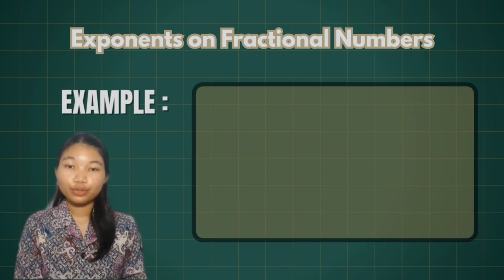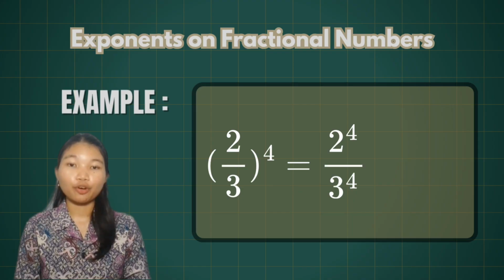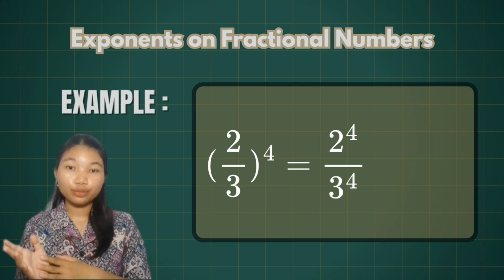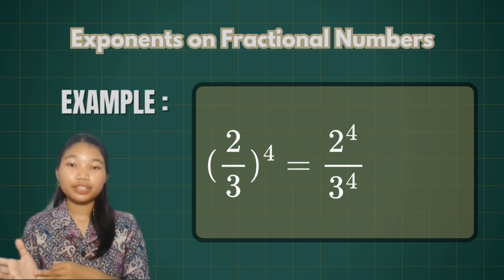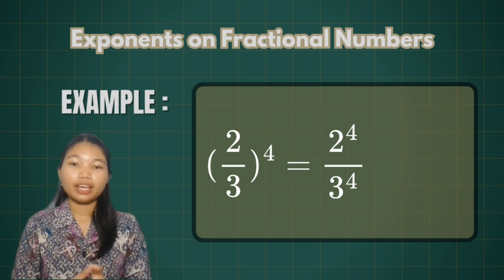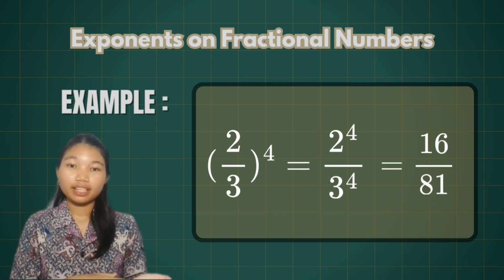Example: 2 over 3, to the power of 4, equals 2 to the power of 4 over 3 to the power of 4 equals 16 over 81.